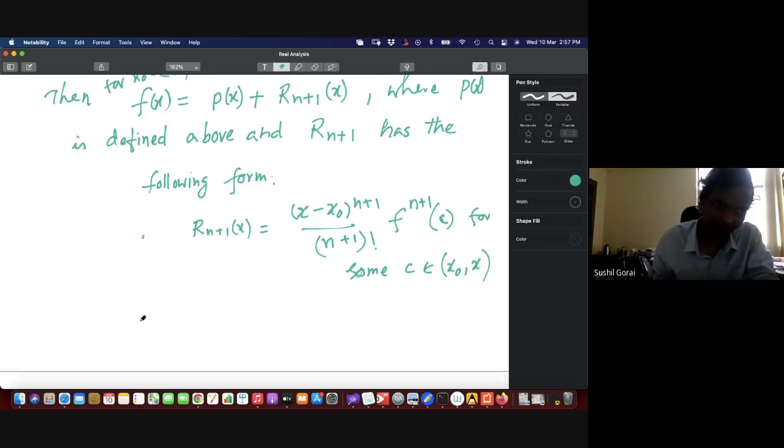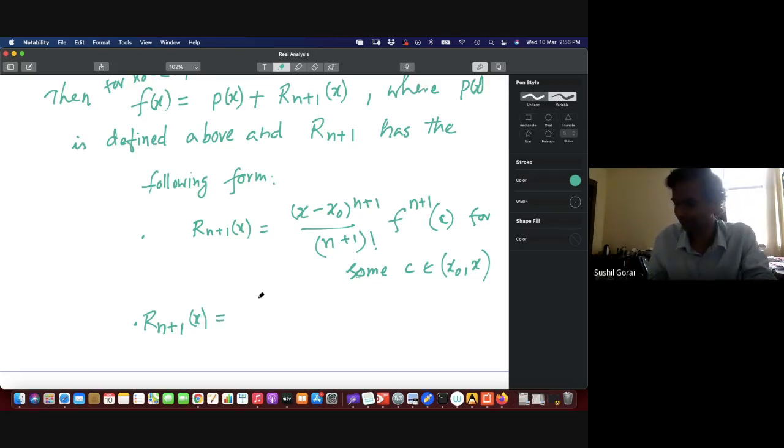This one and this one are not different. These are the same; this is just a different writing style, a different form.